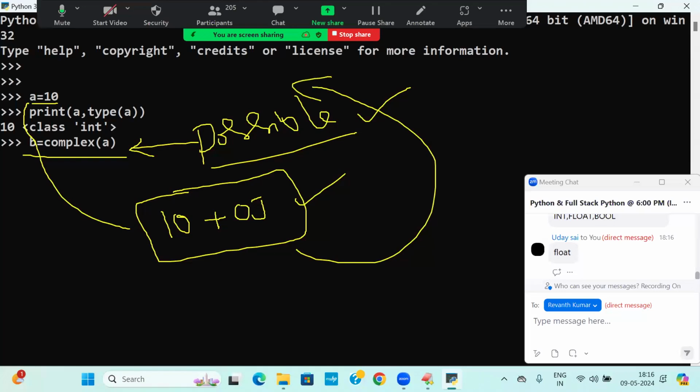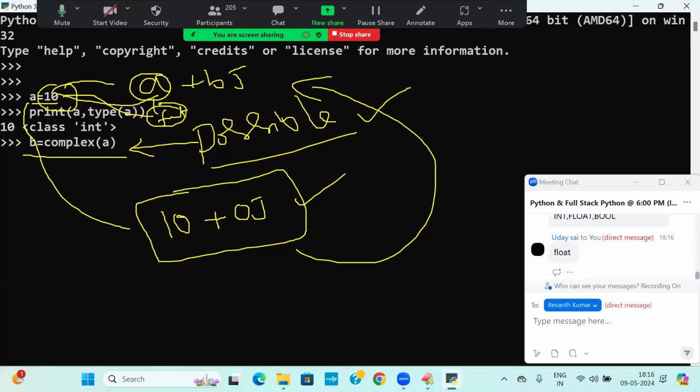Complex number to integer is not possible, but an integer value is possible to convert to complex. Why? The int value can be taken as the real part. Real part is float internally, so that 10 integer is taken as float. No problem. This is the subject behind that.